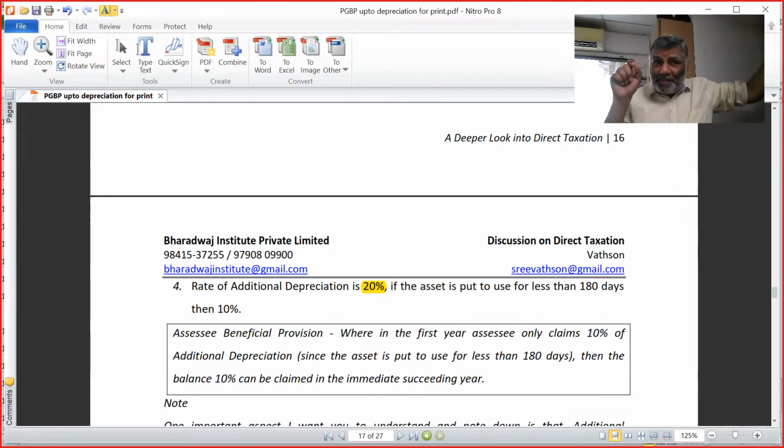But if I purchase an asset and put it to use for less than 180 days, the interpretation says where an asset has been purchased and put to use for less than 180 days, half of the eligible depreciation, so 10%, can only be claimed.